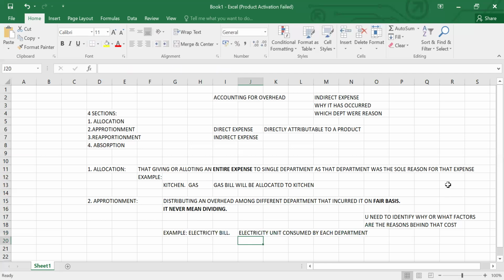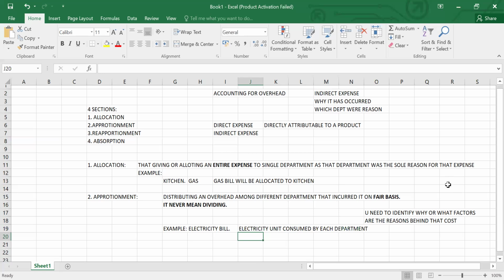At the end of each month, it will be calculated how many electricity units each department has consumed. There will be a per unit rate of the electricity, and the number of units consumed will be multiplied by that rate. So don't you think this is a much more sensible approach to distributing the electricity bill rather than equally dividing it between departments?